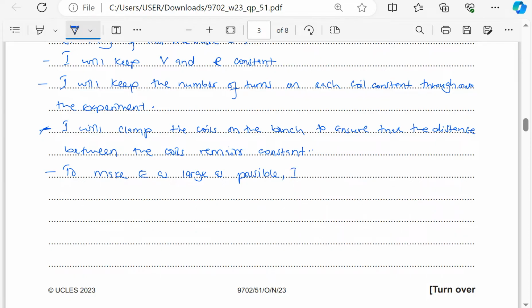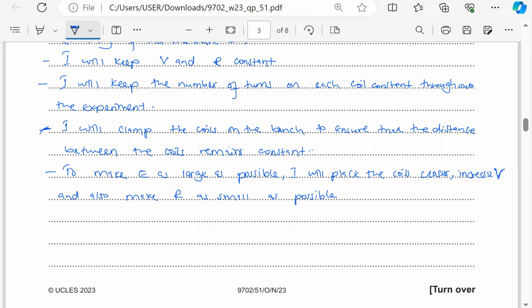I will place the coils closer. I'll increase or use a large value of V, or make V bigger, and also make R as small as possible.